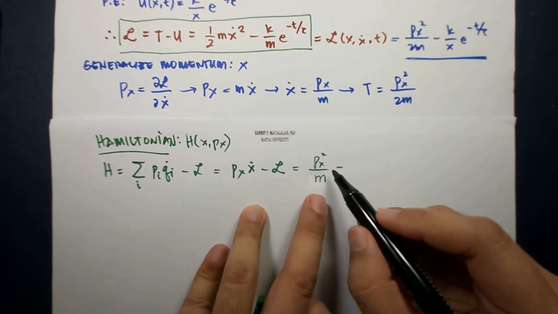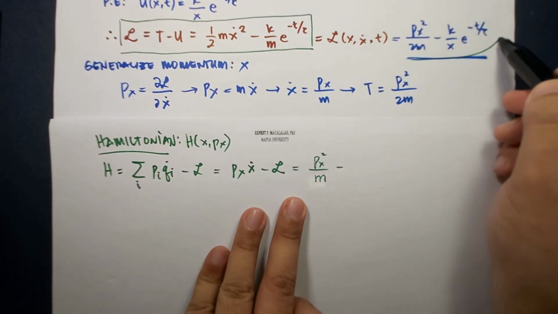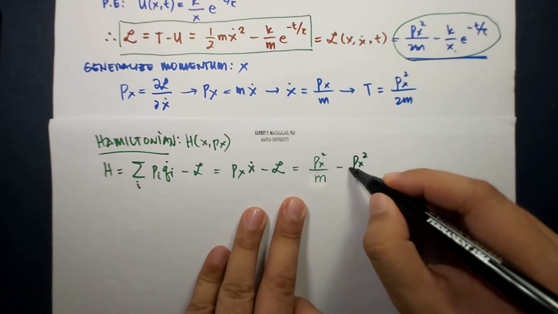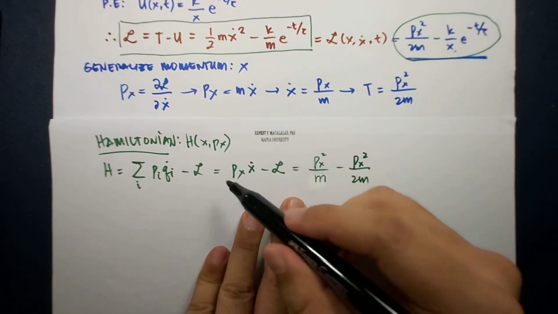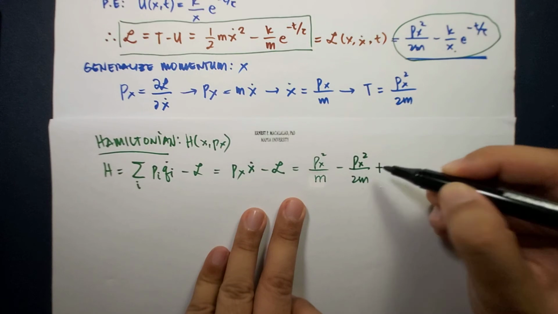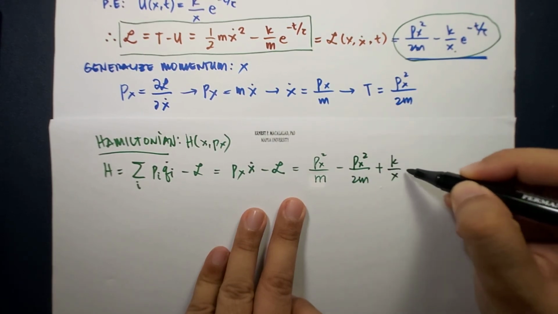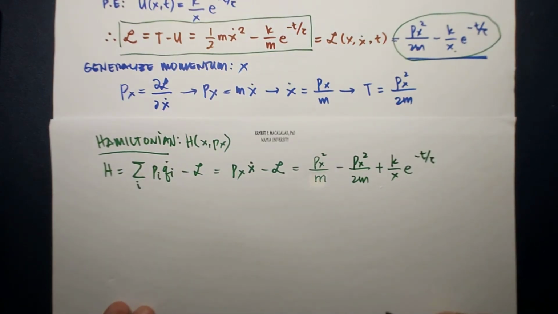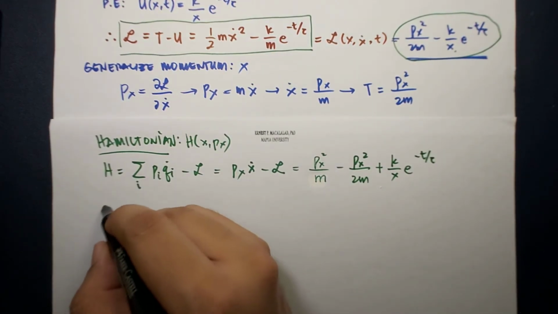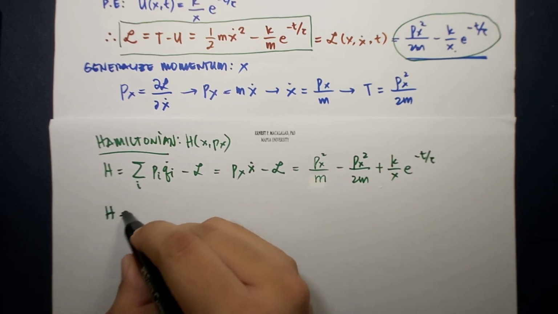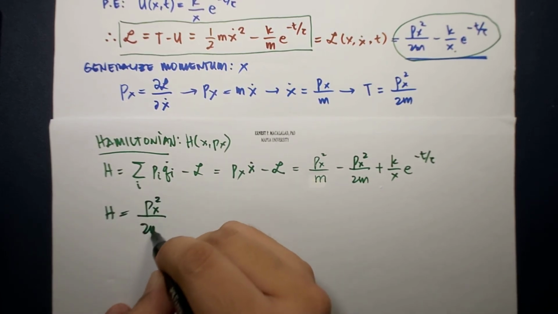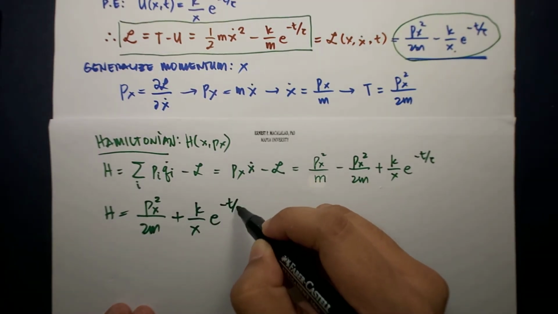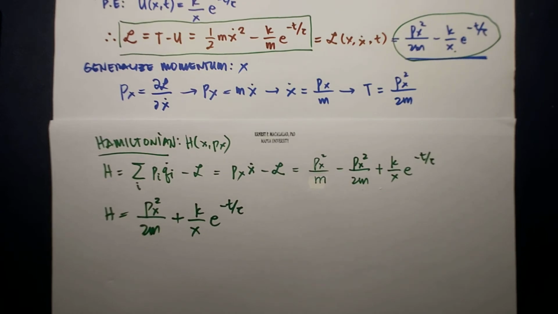The Lagrangian in terms of px and x would be this, so this is minus px squared over 2m, and that's minus minus, so this is plus k over x e to the negative t over tau. Okay, so the Hamiltonian will now be equal to px squared over 2m plus k over x e to the negative t over tau.